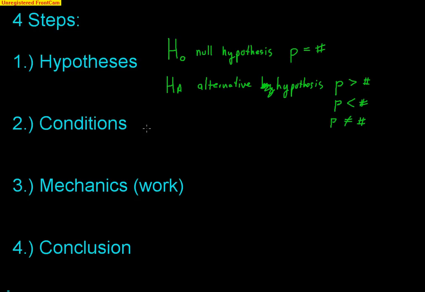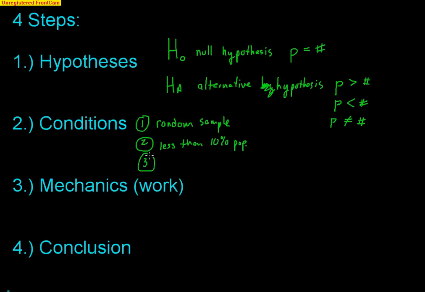For the conditions, the good news is that we've seen these conditions before. These are nothing new. When we gather evidence, we gather, of course, a sample, right? So that sample needs to be a random sample. That sample size must be less than 10% of the population, and we've talked about that one before, to make sure that we have independence.